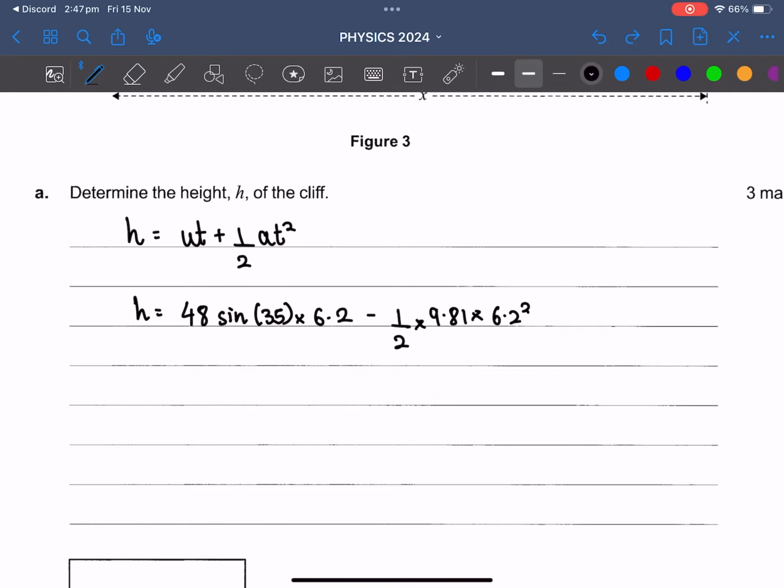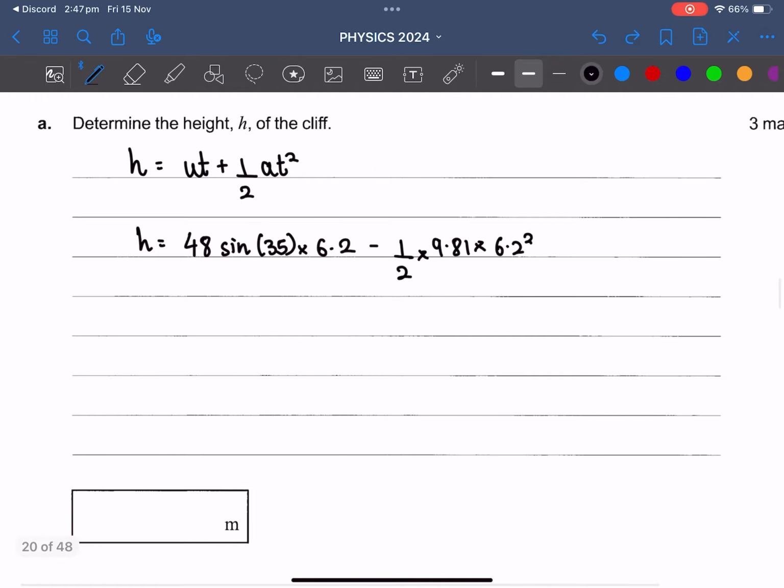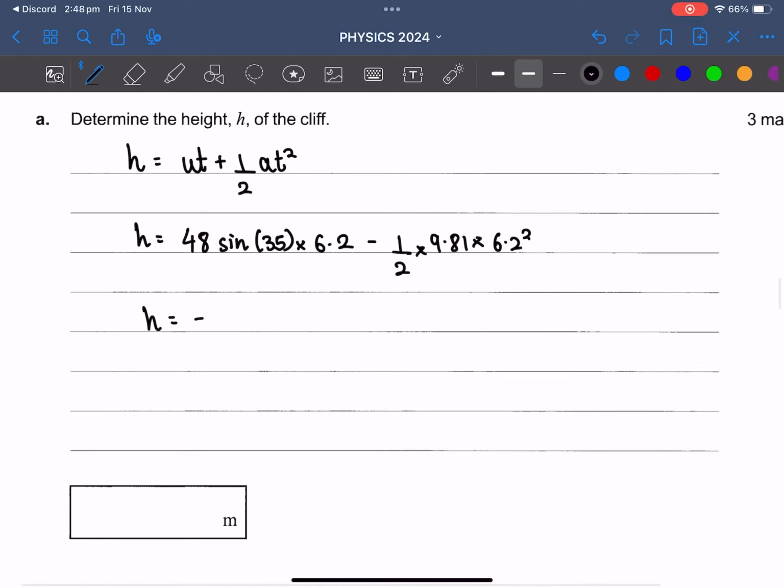Okay, so let me put this in my calculator and see what I get. So h has to be 48 times sine 35 times 6.2, and then take away 0.5 times 9.81 times 6.2 squared. Okay, so I get height as negative 17.85 meters.